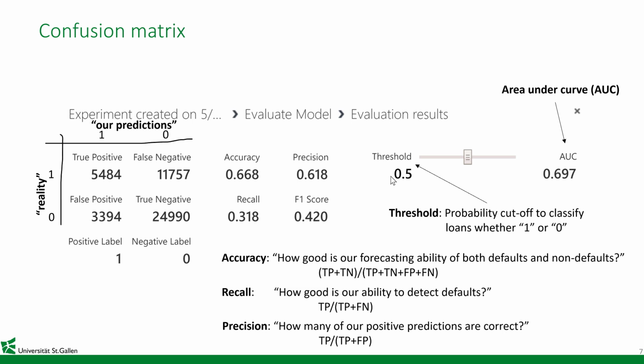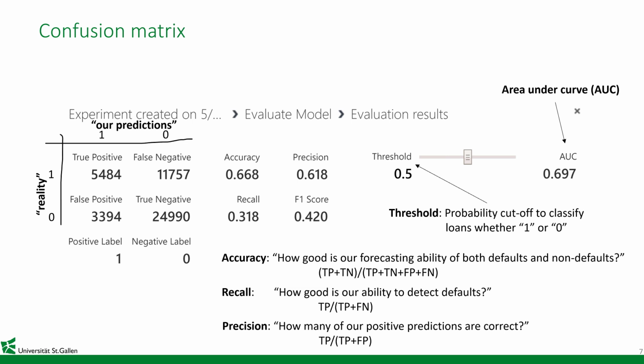All observations below 0.5 are classified as non-defaulted. In Azure, you can simply move this lever here back and forth to increase or decrease the probability threshold. As you do so, you will see that the confusion matrix always also changes. So the ROC curve is simply calculated from the confusion matrix at the given probability cutoff.